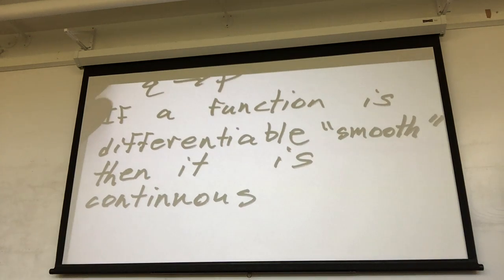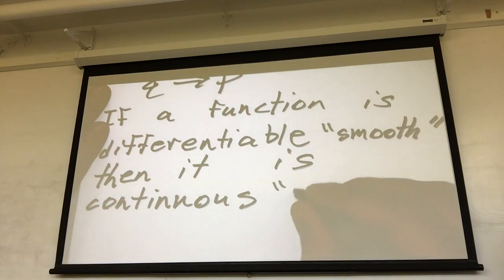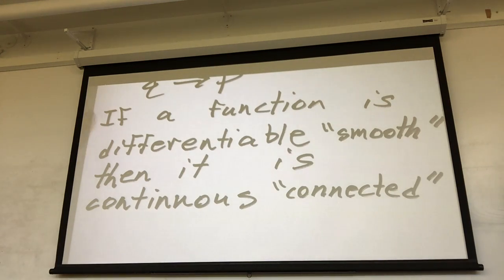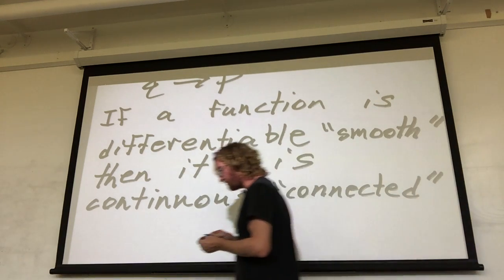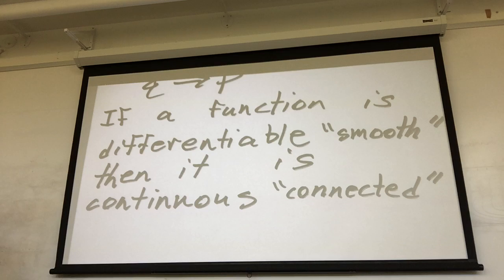And what is another common word that I would use for continuous? Okay, this would mean connected. Okay, so if a curve is smooth, then it has to be connected.